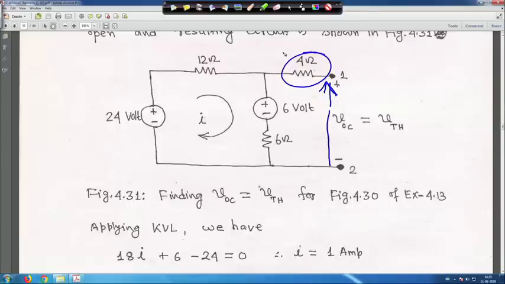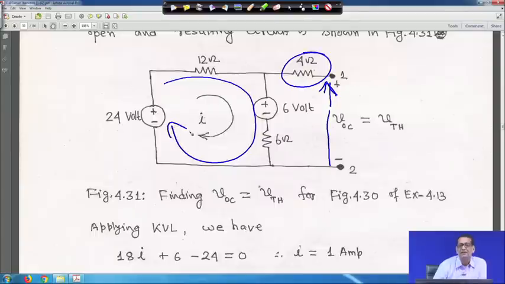So, no current is flowing through this 4 ohm resistance, because this is open, and therefore you apply KVL in this mesh. If you apply KVL in this mesh, the current is I, already I have marked it, but I am making it again.